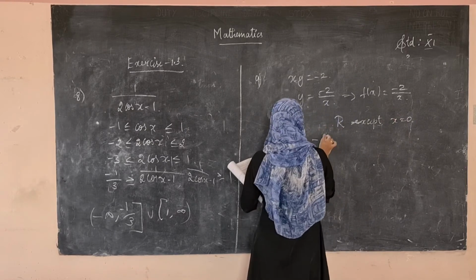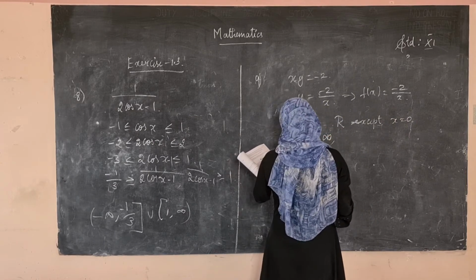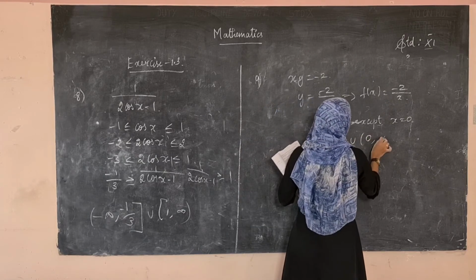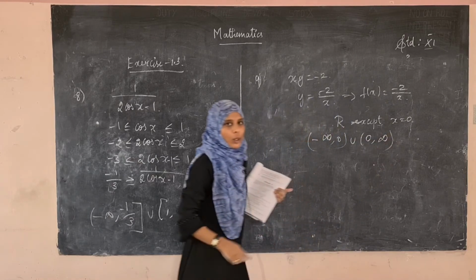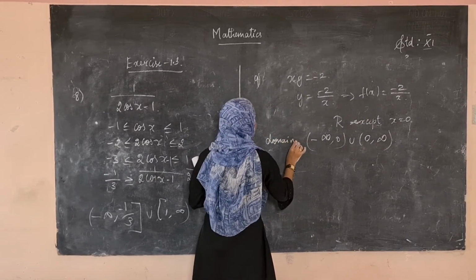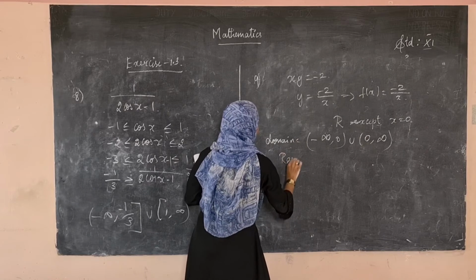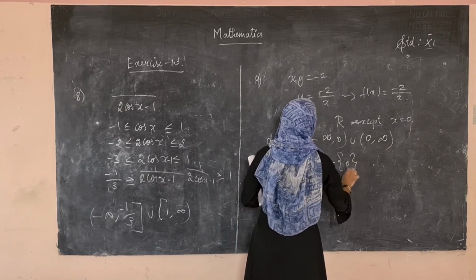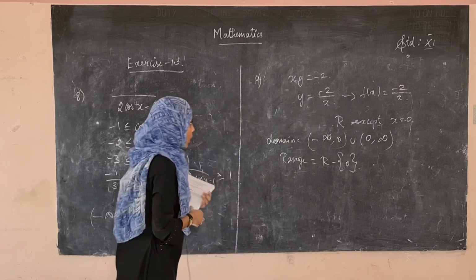Therefore, the domain is minus infinity to 0 union 0 to infinity, that is, except 0, the domain is R. What will be the range? Range is also R except the value 0. This is the range. Okay.